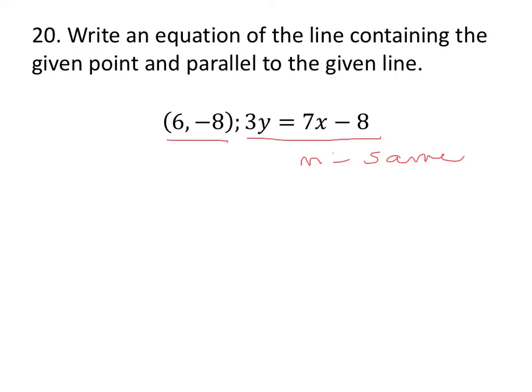We are going to rewrite that equation in slope-intercept form by dividing everything by 3 to get y by itself, and we get y equals 7/3 x minus 8/3. We don't care about this 8/3, doesn't matter.